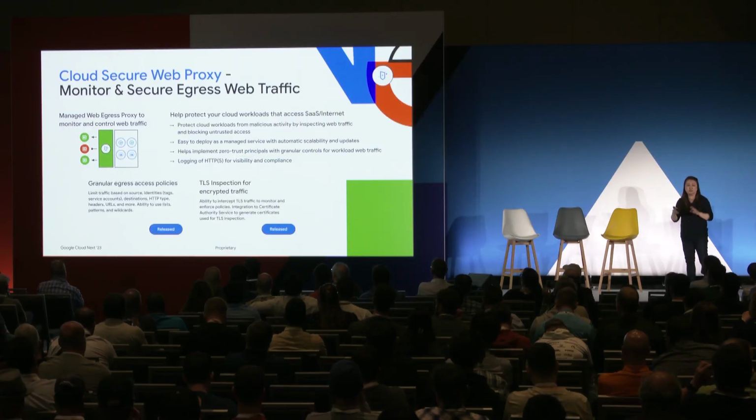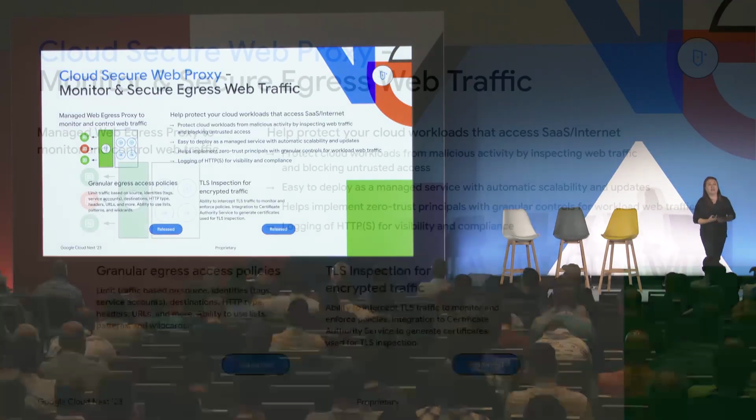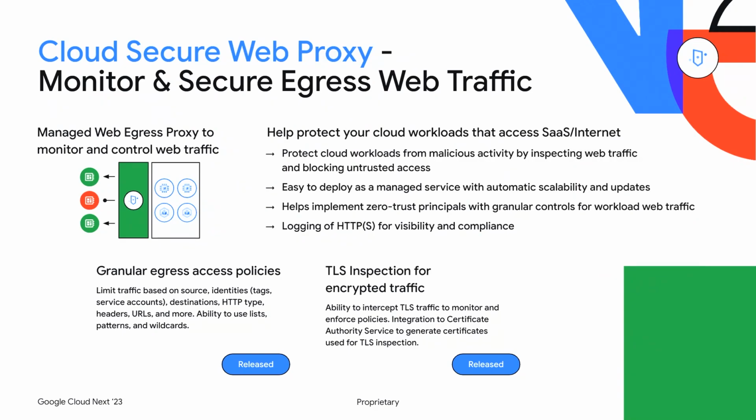And let me show you some of the latest innovations in Cloud Secure Web Proxy. What's been added is granular egress access policies. So this limits the traffic based on the source identities, and identities could be tags or service accounts, destinations, HTTP types, headers, et cetera.